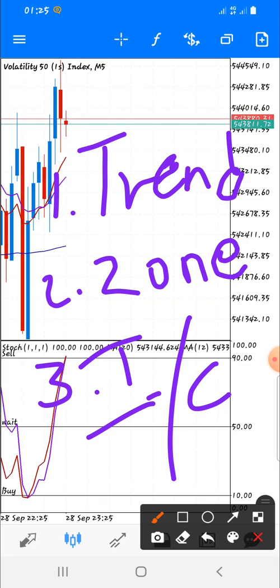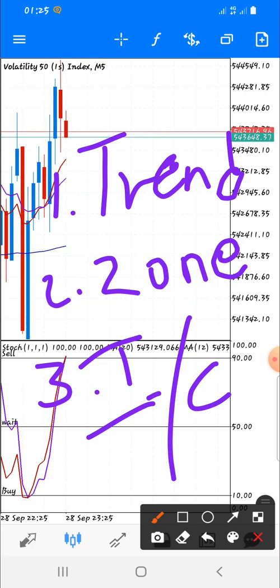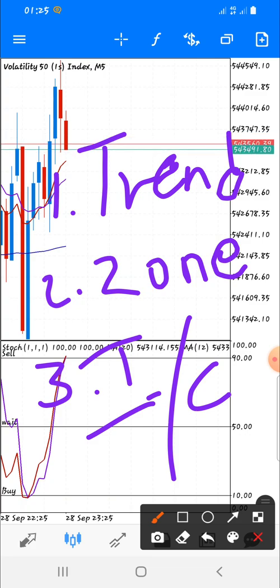If you want to trade the volatile indices profitably, not losing your funds, whenever you open your chart you need to be able to identify the trend, the zone, and the impulse and the corrective waves. In that case, you'll be able to see when to buy and when to sell.